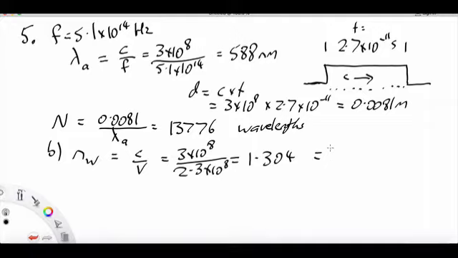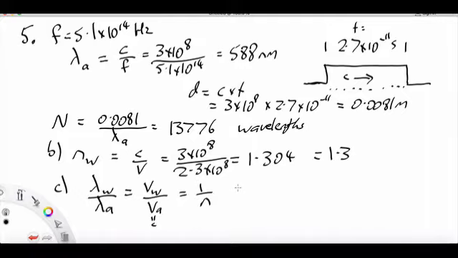And we'll call that 1.3, but now we want the new wavelength in the water. So the wavelength in the water over the wavelength in the air is going to go in the same ratio as the speed in the water over the speed in air, which is C, and that is 1 over n.